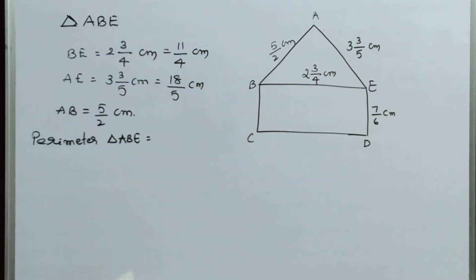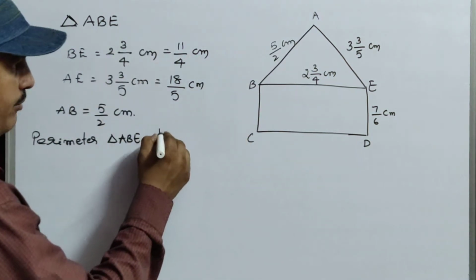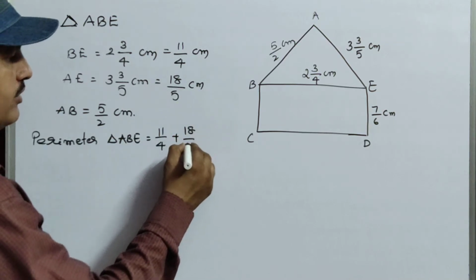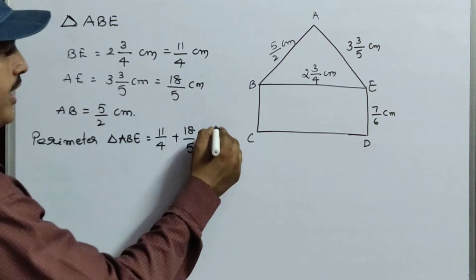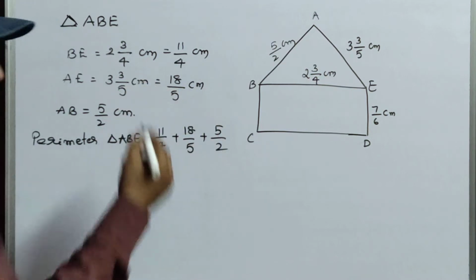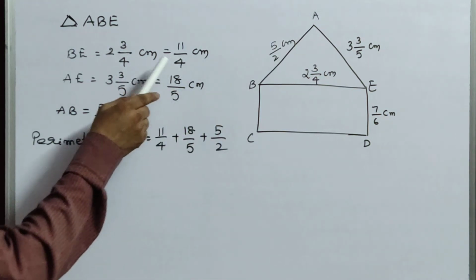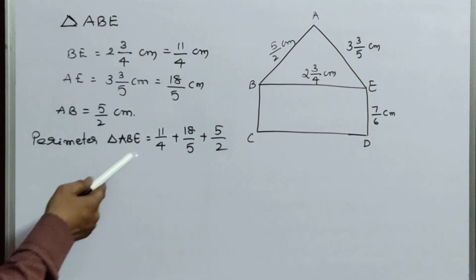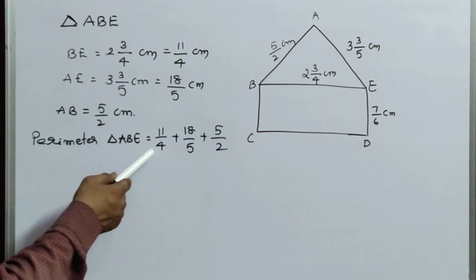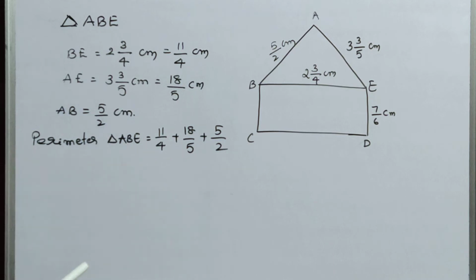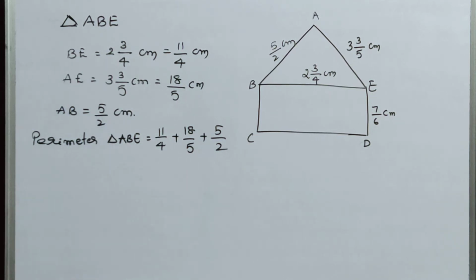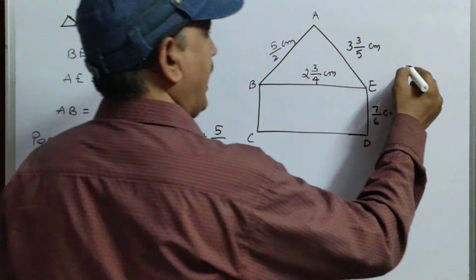All the sides we have to add, that is 11 by 4 plus 18 by 5 plus 5 by 2. If the denominators are equal, you can add directly. But here the denominators are not the same. Then we will go for LCM.